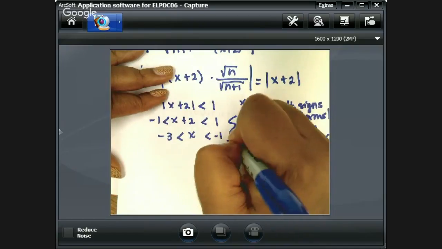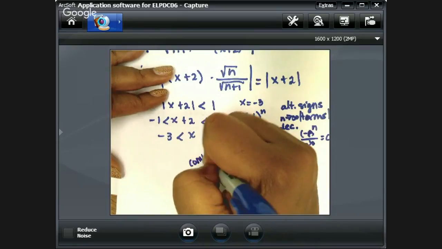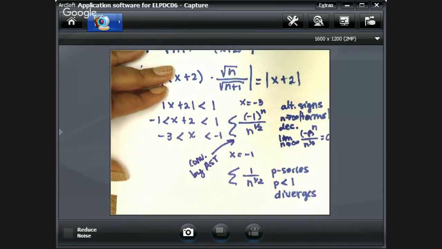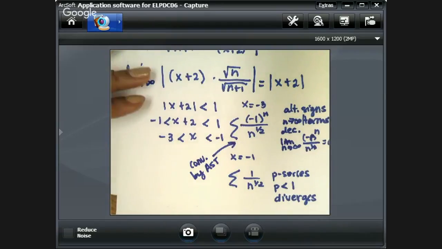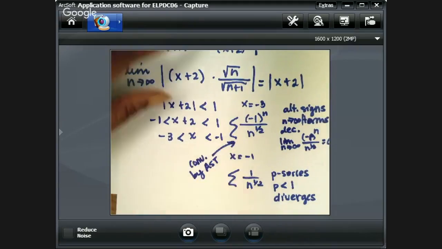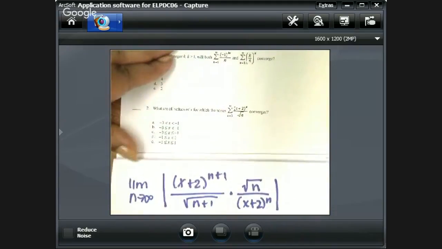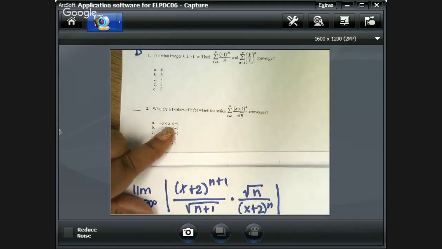Therefore, this one converges by the alternating series test. So that means that my interval of convergence, I'm going to include the negative 3 and not include the negative 1. So if I go back here, my choice here includes -3, doesn't include -1.